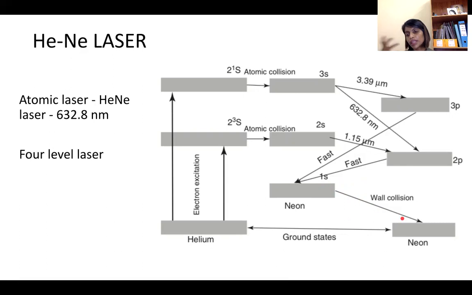So these energies will be lost to the optical cavity boundaries. 1S atoms return to ground level after losing energy to the walls of the enclosure, the optical cavity. This is why the plasma tube diameter inversely affects the gain and is a significant design parameter.